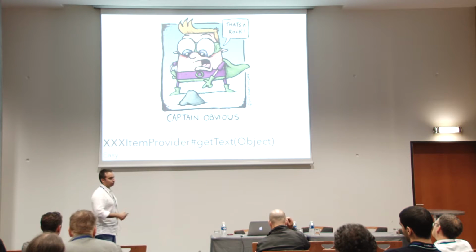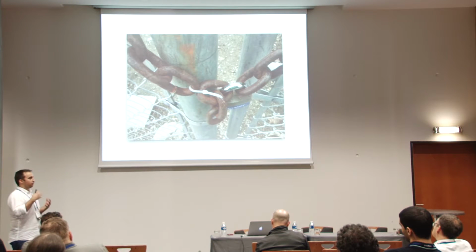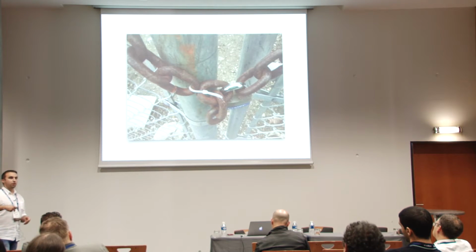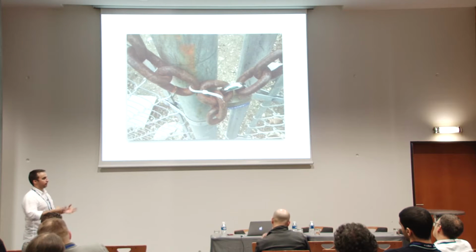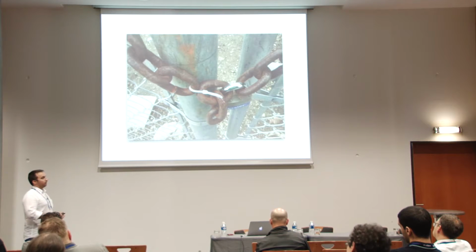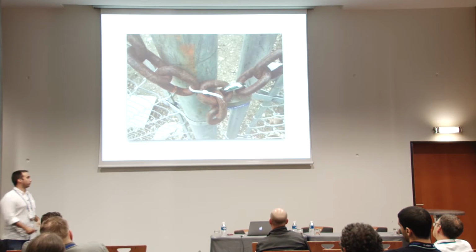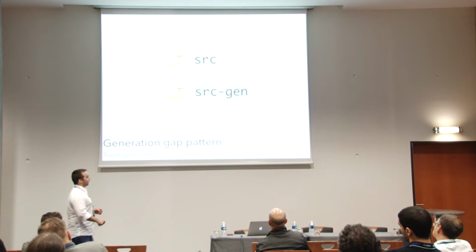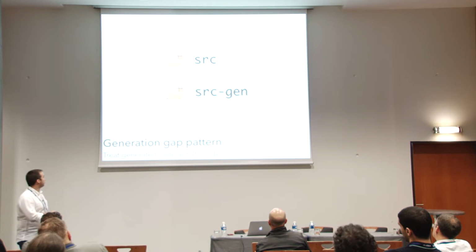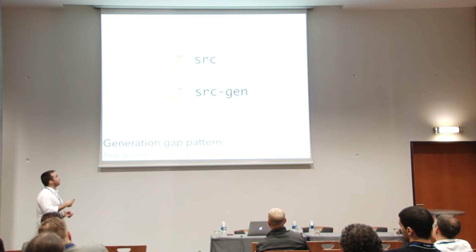But this is not quite good, because if you change the generated code, you lose most of the benefit of having a code generator, meaning that after a certain amount of time, you will not be able to find out which part of the code is generated and which part is manual. A common pattern to avoid this situation is to use the generation gap pattern, meaning that you want to treat your generated code exactly as your bytecode.